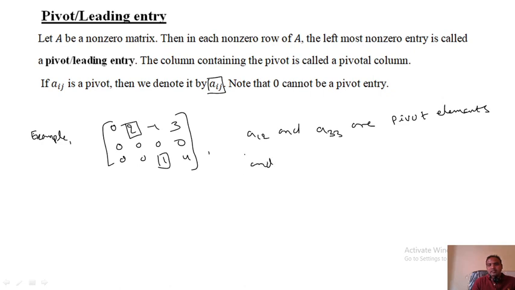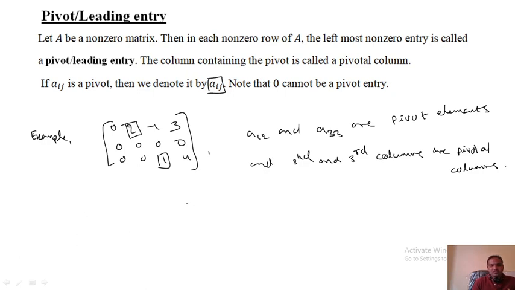And what are the pivotal columns? The second and third columns are pivotal columns. This is the example for pivot.